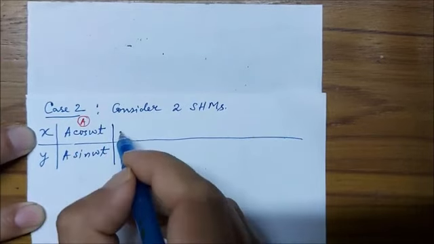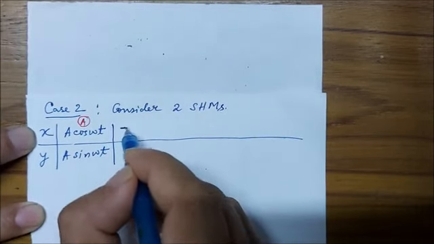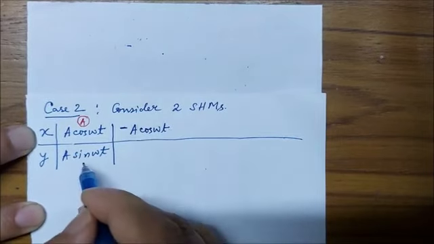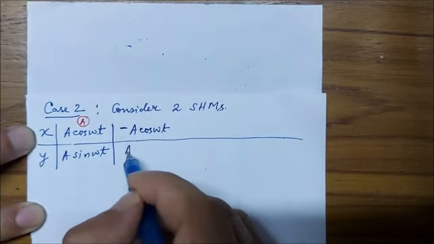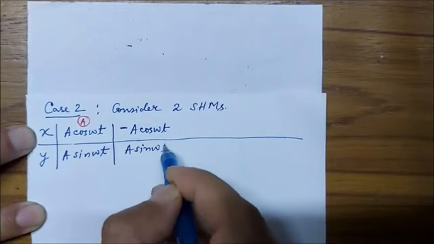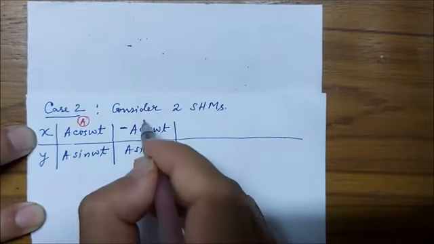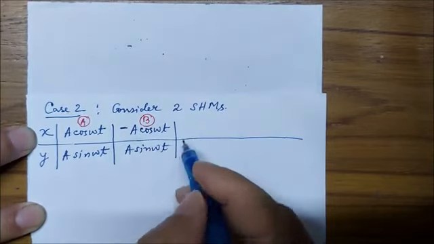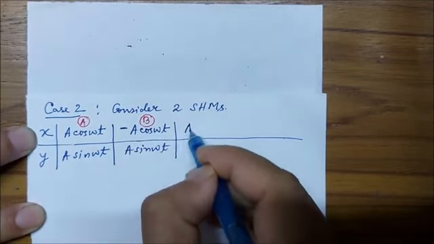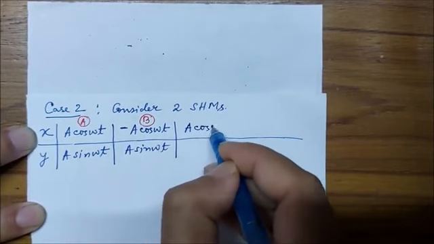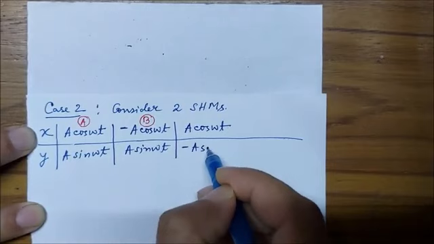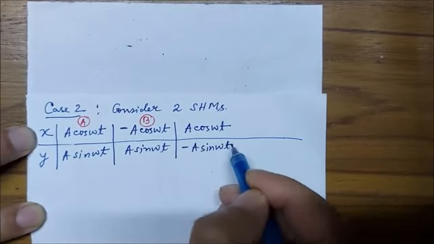The second case is x is minus a cosine omega t and y is a sine omega t. This is say case 2b. Another possibility is x equal to a cosine omega t and y is minus a sine omega t.